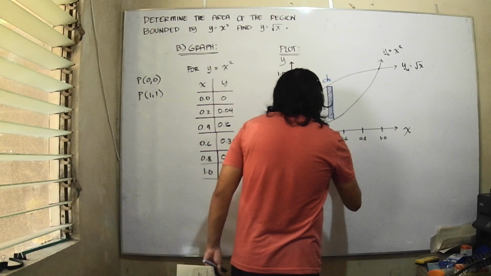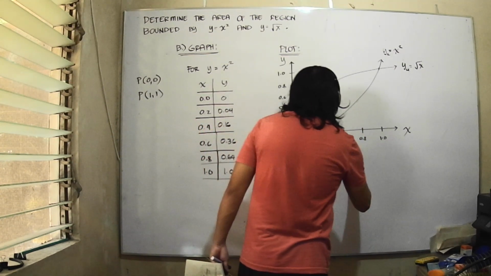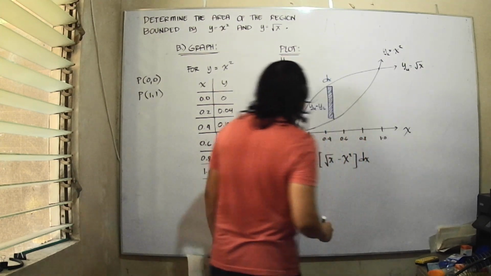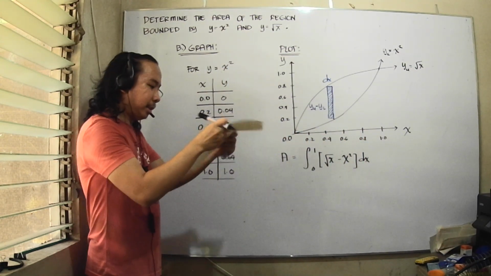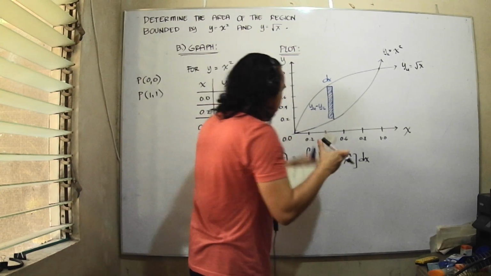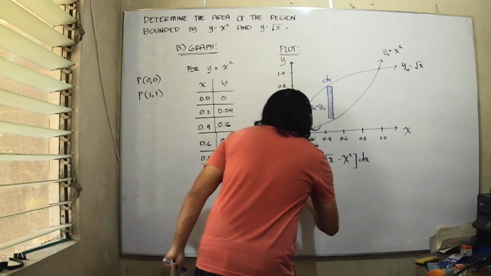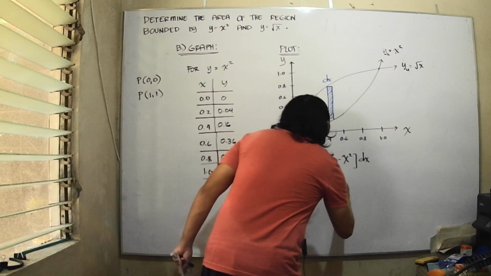Y upper is equal to square root of x, minus the lower which is x squared, dx. Okay? So if we are to solve for that, we will find out that the area is equal to 1/3 square units.